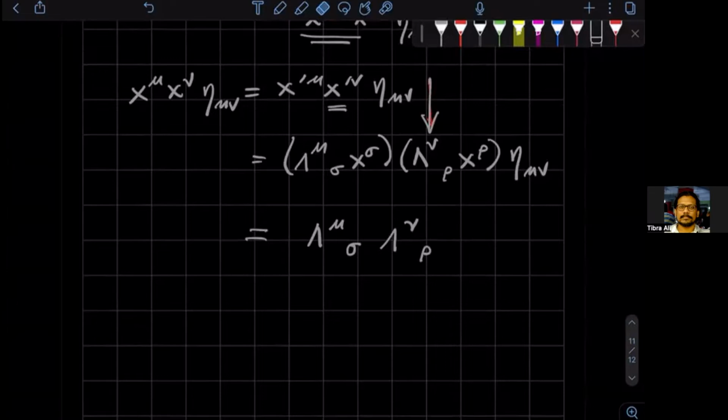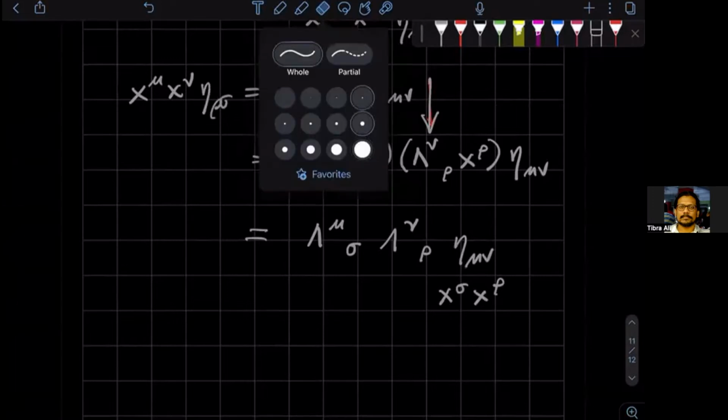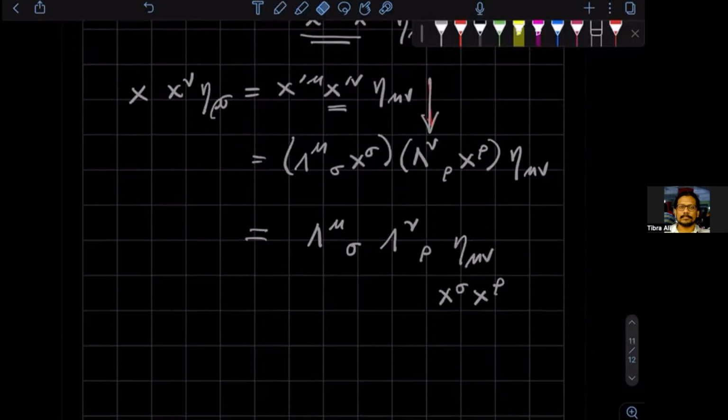So eta mu nu x sigma x rho. Now on the left side here, instead of mu nu, let me just write this as eta rho sigma, because these are dummy indices, right? I'm summing over them, so it doesn't matter if I'm using mu nu or rho sigma, right? So these x's are arbitrary, right?